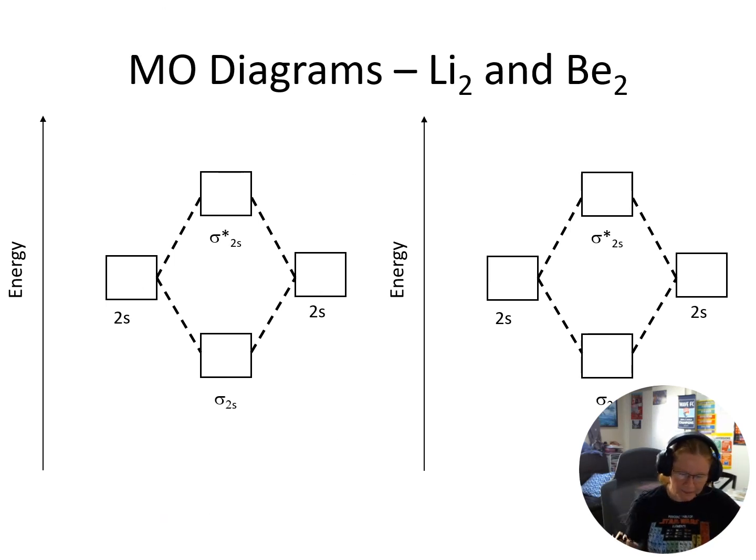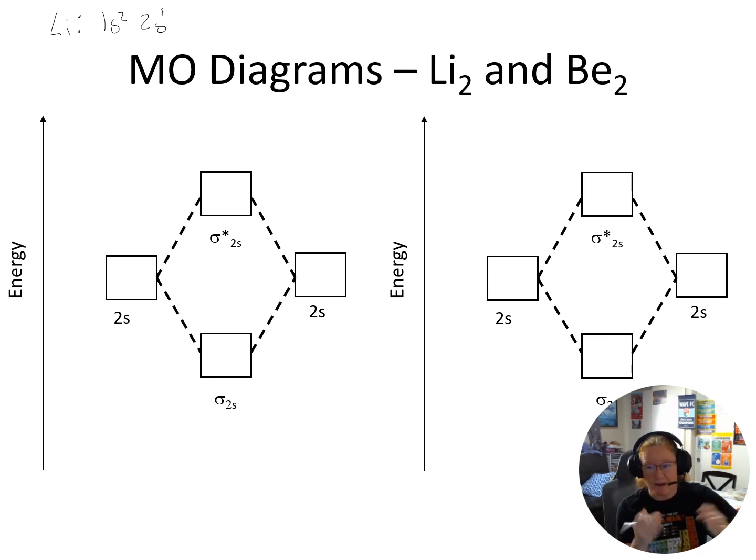All right, so let's take a look at lithium and beryllium. Now we're in period 2, and these are our first 2 elements in period 2. Lithium is 1s2 and 2s1. Now, what do we care about with bonding? Do we care about that 1s orbital anymore? No, because that's core. We only care about the valence. So I only have the 2s shown here, because that's where our valence electrons lie.